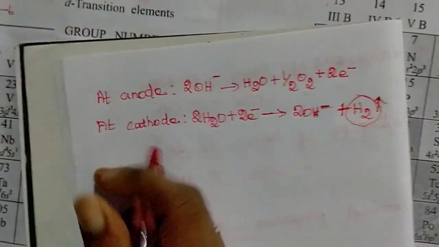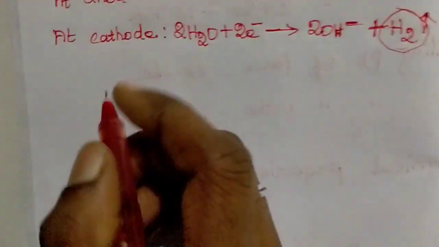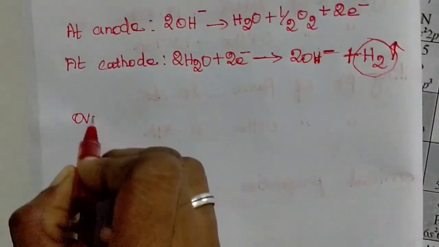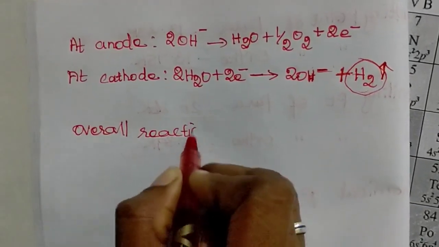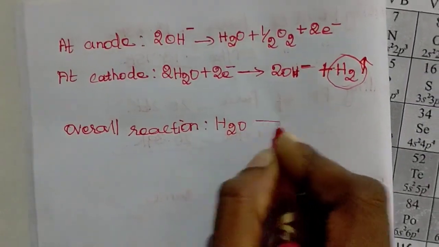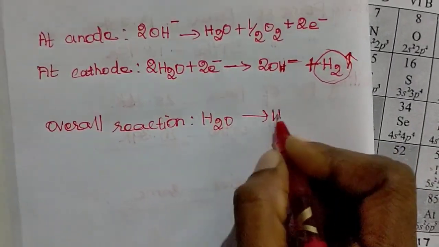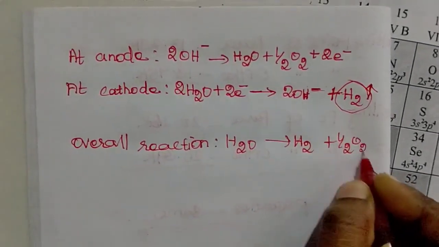The overall reaction in this electrolysis of water process is H2O dividing as H2 plus half O2.